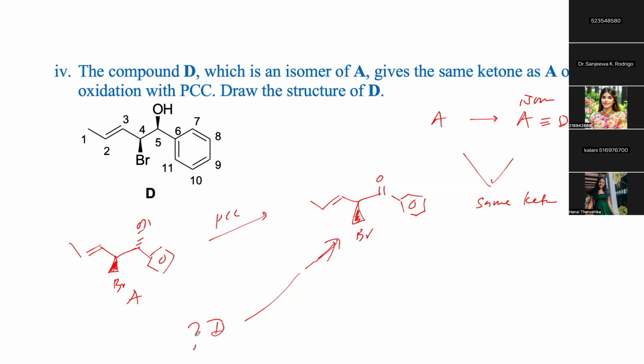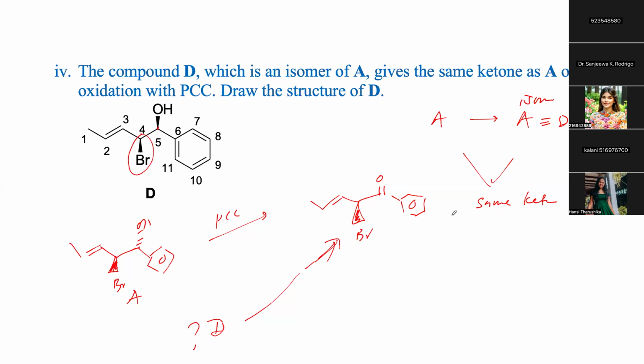Yes, because now, to get the same ketone, you cannot change the bromine. You can't change the bromine, and the PCC won't react there. PCC will only react with the hydroxyl carbon.